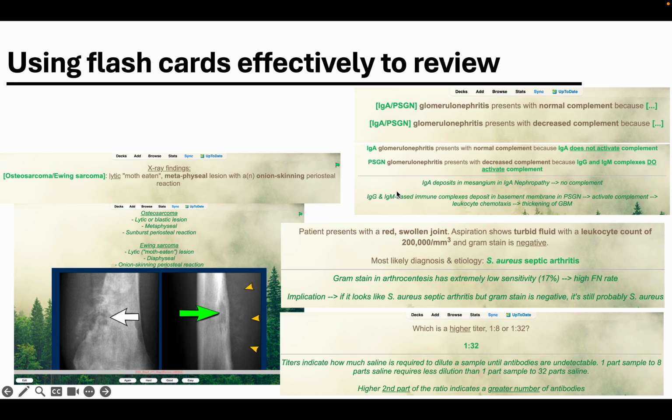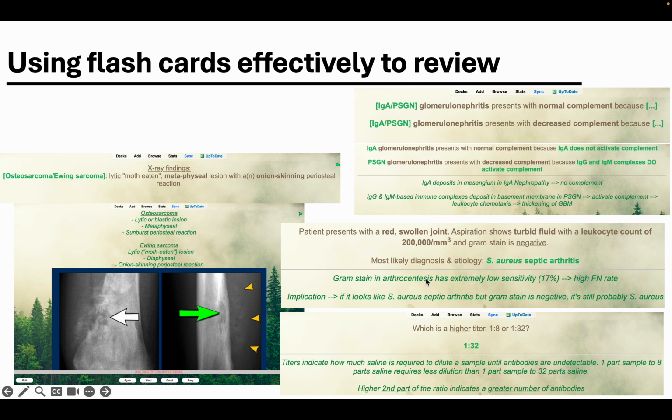But PSGN does activate IgG and IgM, and that's why it activates complement. Making sure you understand and have a way to quickly review the pathophys is going to give you a lot more bang for your buck than just a card that said, IgA glomerulonephritis does not activate complement. Okay, that's technically correct, but it's not as complete.